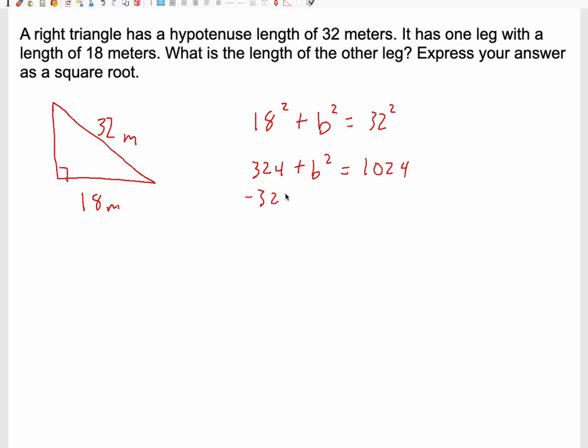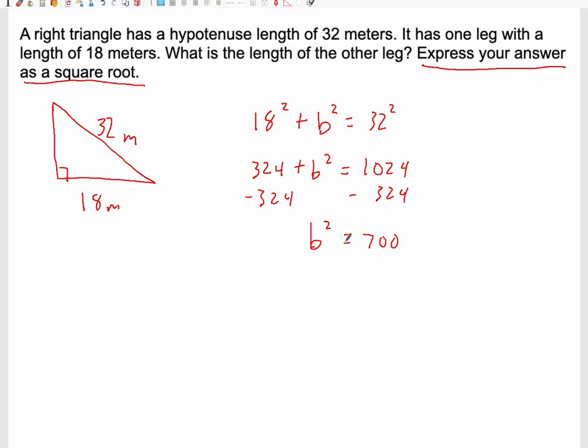Subtract 324. b squared equals 700. How do they say to express the answer? As a square root. If you put it in your calculator, the square root of 700 is like 24.5 or something like it. It's not a rational number. It comes out to an irrational number. It is not a perfect square.